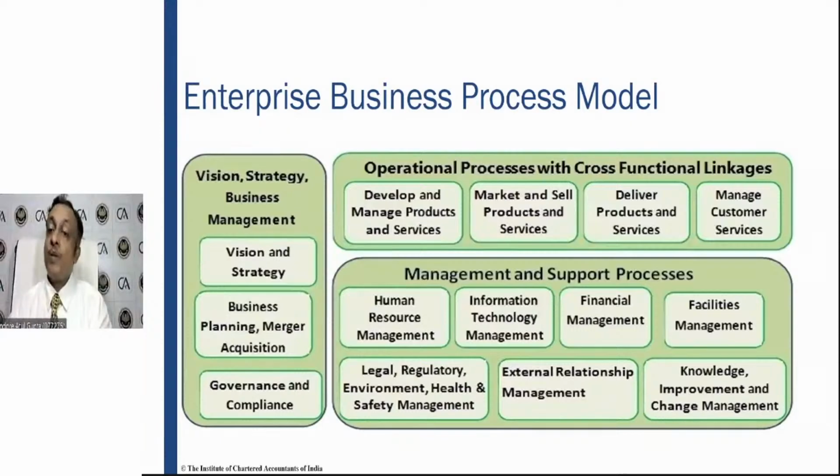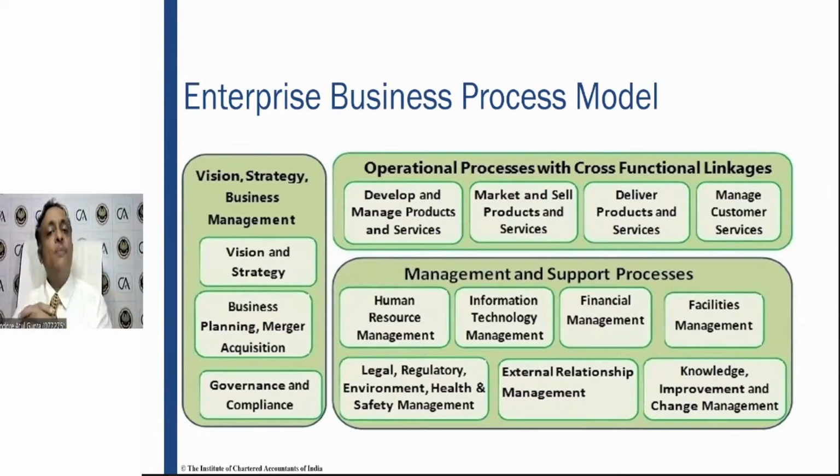The second aspect is operational management, operational processes, that include developing products and services, marketing of those products, delivering those products, and managing the customer services. Because finally, what is going to matter is your interaction with your customer, how you are supplying to your customers.